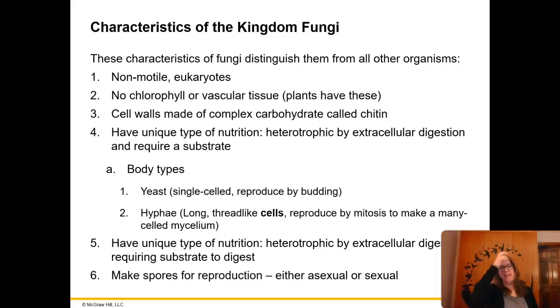Spores can be made asexually, so there's no real genetic difference between the parent and the asexual spore. But in what we call higher fungi, like mushrooms, different mating types of mushroom mycelium recognize one another and grow towards one another. They combine their nuclei.